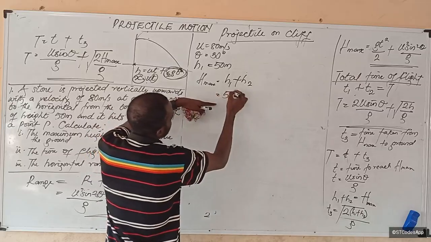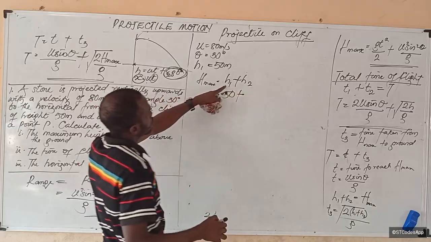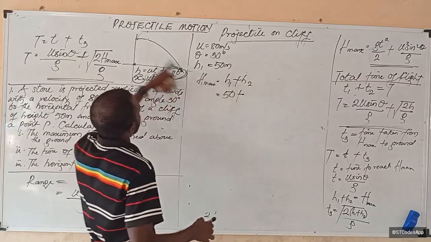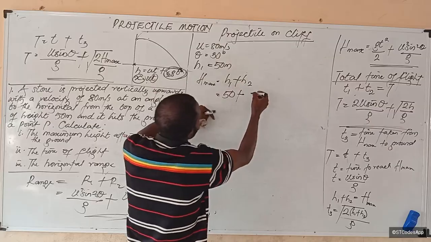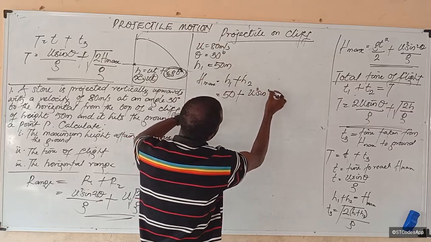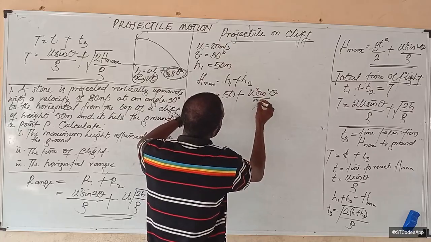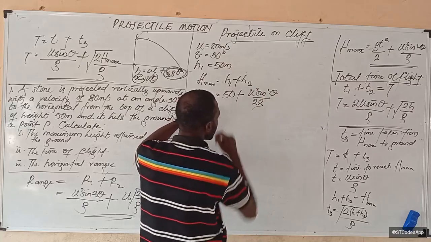What is H1? 50. H1 is the height of the cliff. What will H2 be? H2 will be the height of the projectile, which is u squared sine squared theta over 2g. 2g or g? 2g.